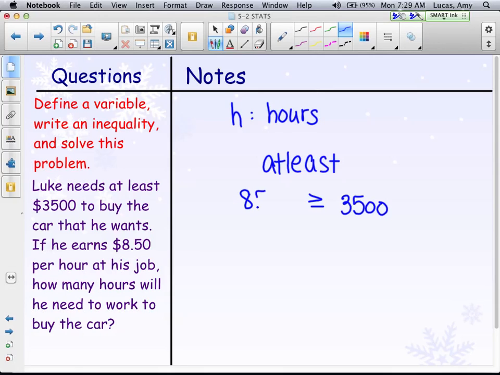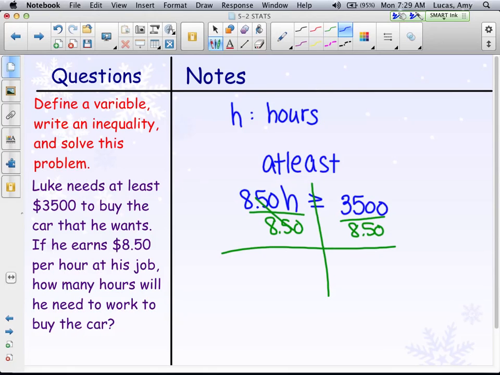He makes $8.50 per hour. So I'm going to multiply $8.50 times h, the number of hours he needs to work. So if I divide $3,500 by $8.50, I should be able to find out how many hours he has to work. So 3,500 divided by 8.50 gives me 411.76.